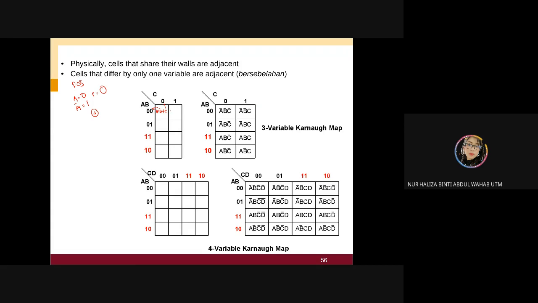Next is going to be A plus B plus C bar, and the rest. As long as you understand how to differentiate between SOP and POS, you can easily get this. If here is 0, you're going to have F equal to A plus B plus C. Here, if it's also 0, you're going to have A plus B plus C bar. So this is my POS expression.